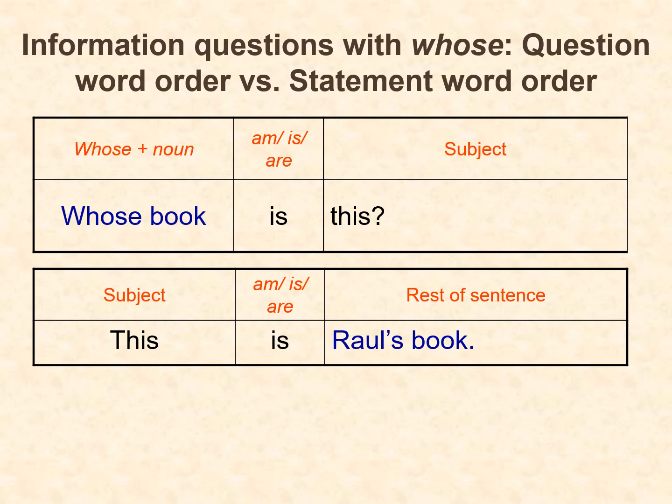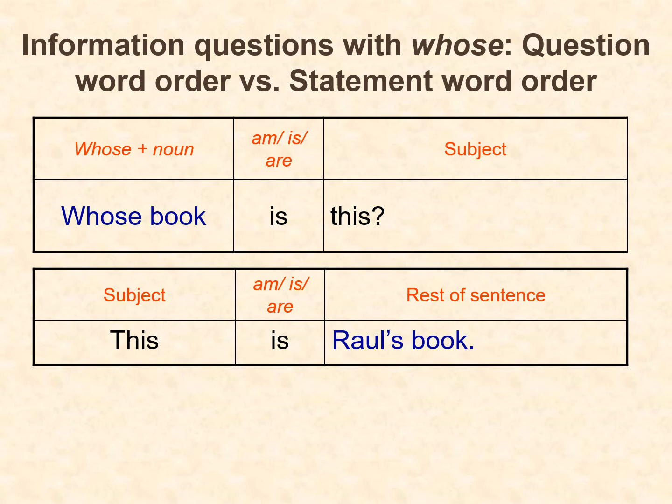In the answer we begin with this, then we get is, and then we get the missing information, Raul's book. So here is an example where the question word order is distinct from the answer word order.